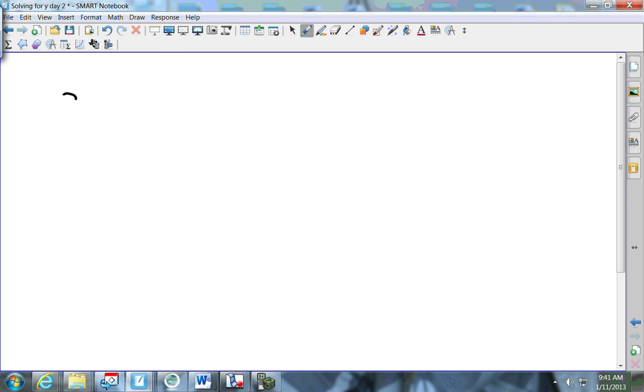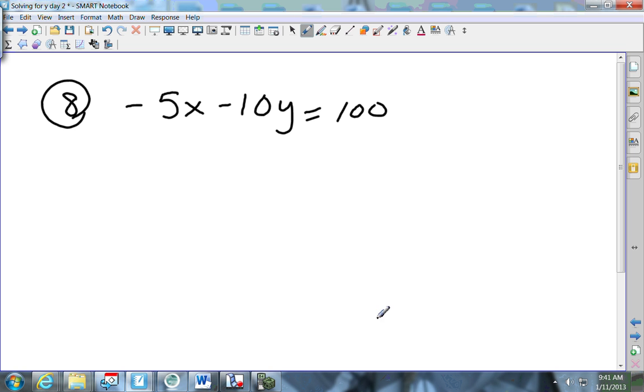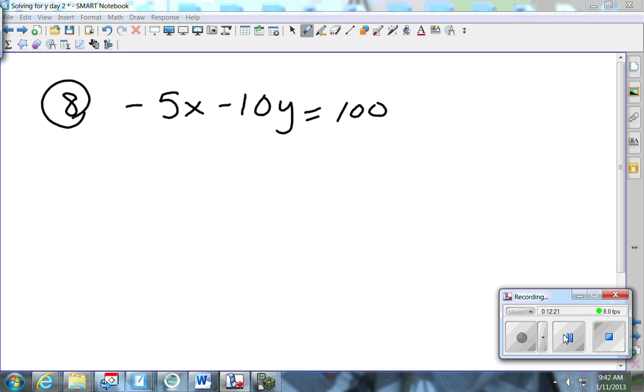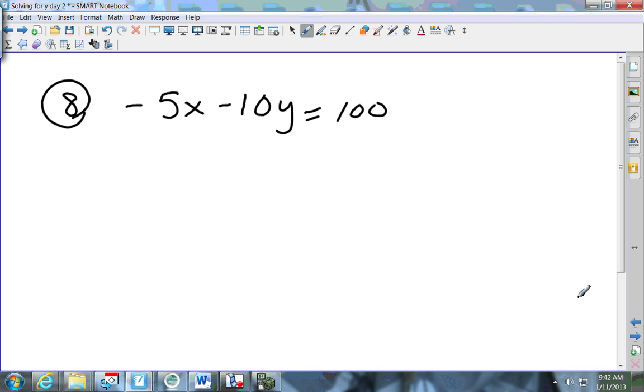Number 8. Negative 5x minus 10y equals 100. Take a second and solve for y and label your slope and your y-intercept. On this one, here's my y.